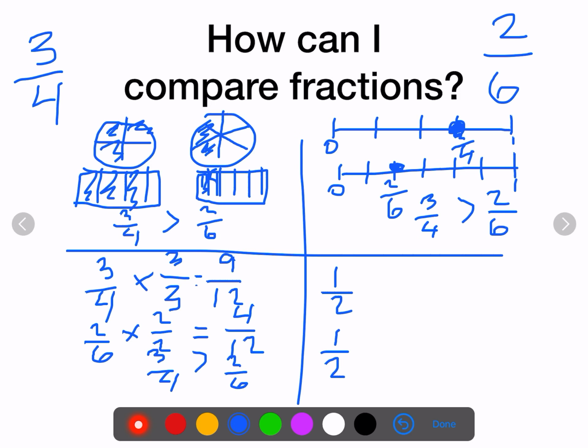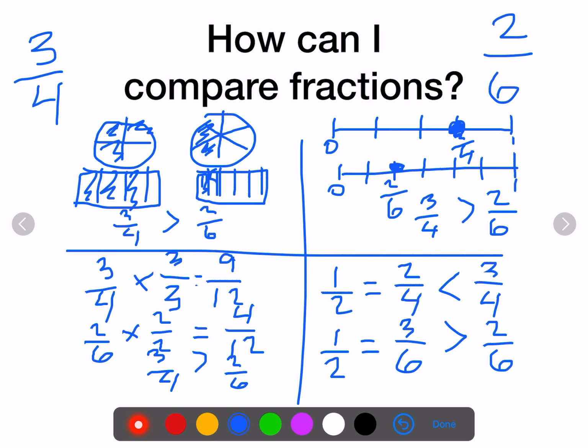So 1/2 is equivalent to 2/4, and 2/4 is less than 3/4. So when I look at this and I look at my fraction 3/4, I know that 3/4 is more than 1/2. 1/2 is also equivalent to 3/6, but 3/6 is greater than 2/6.